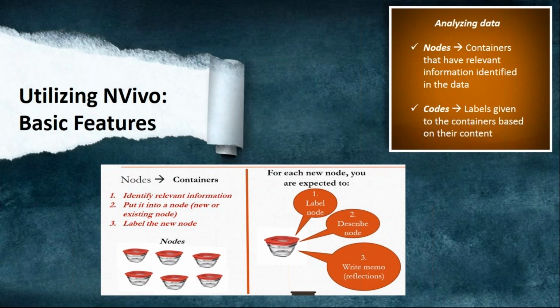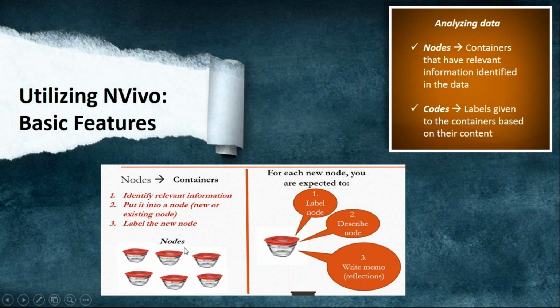So after you have explored and you've gotten a big picture in terms of the kinds of words that they are using, then you move to the coding, the main analysis is the coding. As I said, coding is all about identifying significant information and assigning labels to them, right? But you have to learn some terms that they use in the system, right? They don't normally use code, they use nodes, right? So the nodes are just containers.